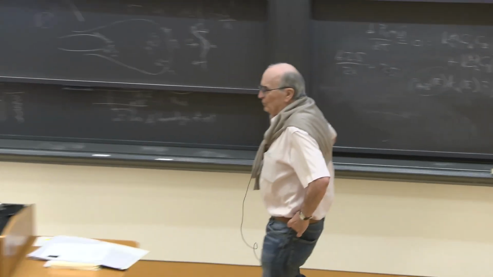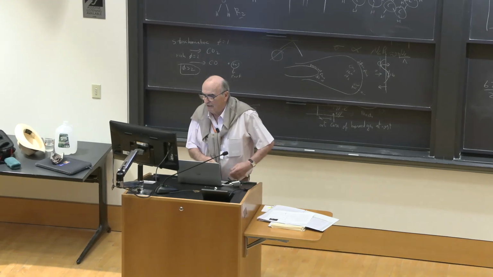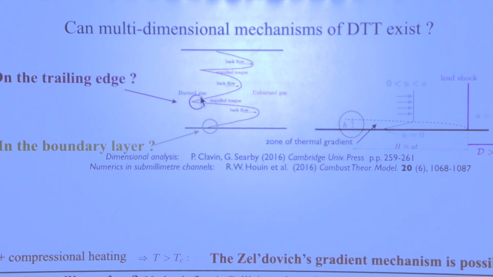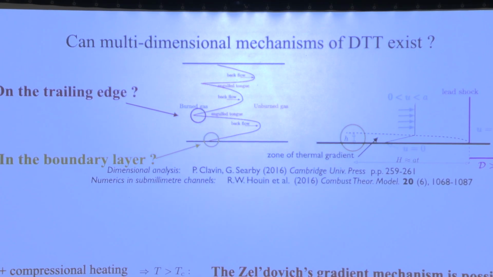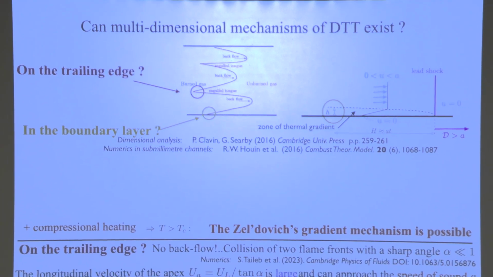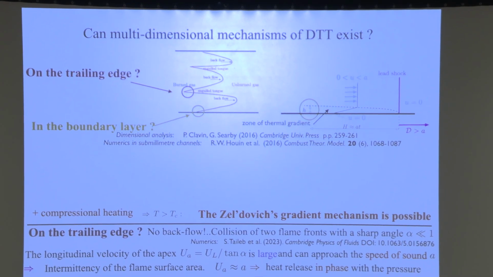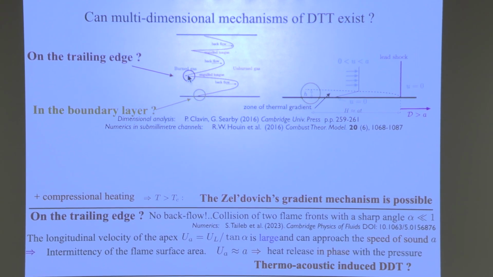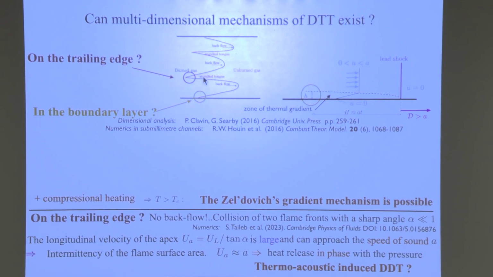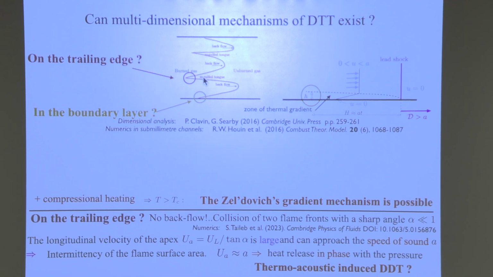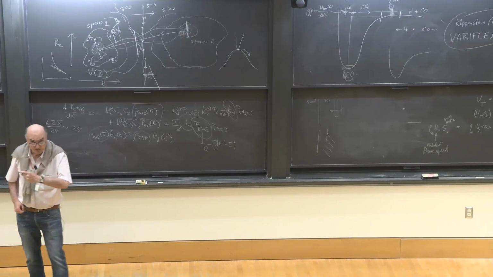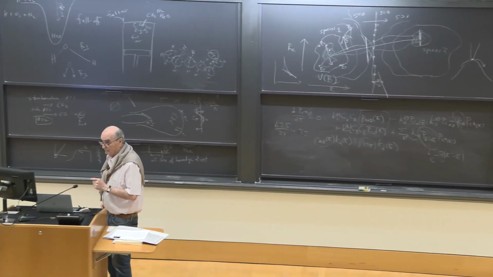Now, if you consider the trailing edge here, there is no backflow, but the tangential, the longitudinal velocity of this apex here, by a mechanism similar to the tilted wave on a shore, is faster than the laminar flame.